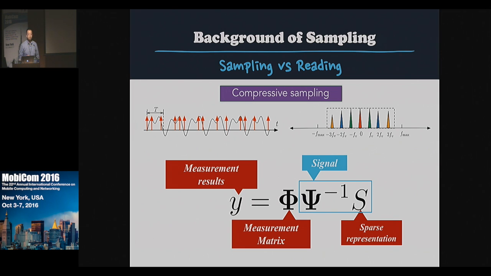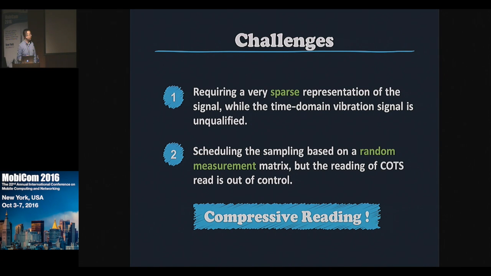And recent advances in the field of compressive sensing have developed reliable recovery algorithms for sparse signals. Inspired by CS, we attempt to recover the vibration signals with a low read rate, and we call this process compressive reading. However, we face two challenges. The first challenge is that CS requires the signal to be very sparse.